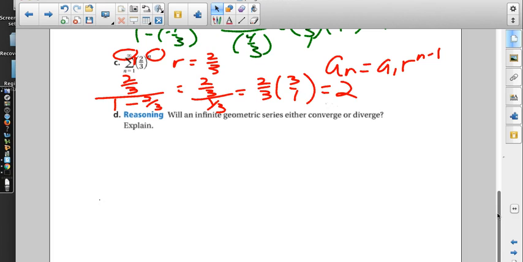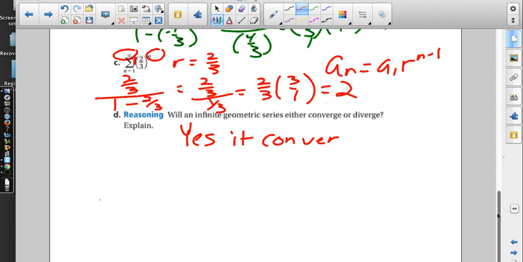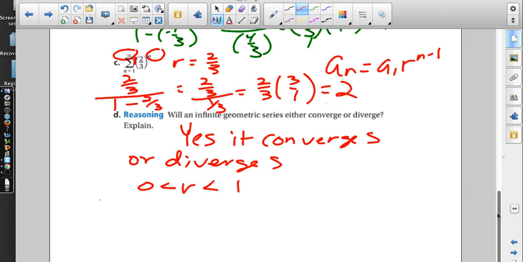So it is converge or diverge. Those are your only options. So if r is a fraction between 0 and 1, it's going to converge. And if r is greater than or equal to 1, again, absolute value, we don't care about the plus or minus piece, that means it's going to diverge.